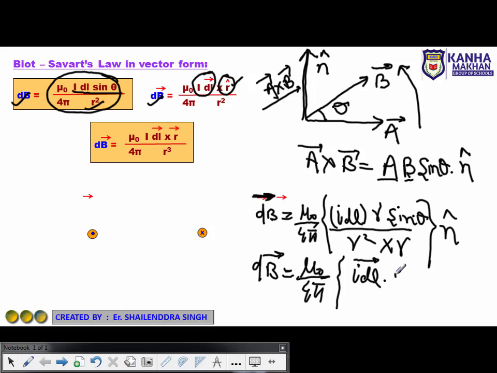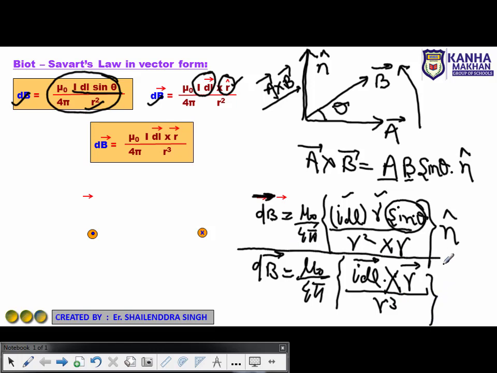Due to the sine theta, a cross product will take place, and it will be given as the IDL vector cross the R vector divided by the product of these two, which is R cube. Okay, so it must be written in the vector form, and you will get the final formula of the small magnetic field.